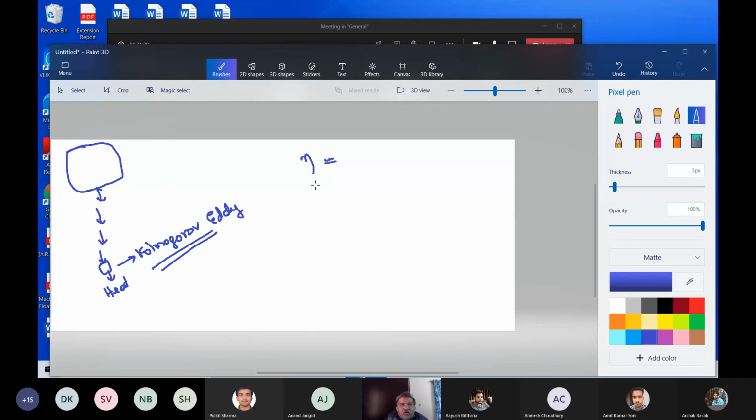The main factors that a small eddy is influenced by are: one, the dissipation rate, and two, the viscosity, and that's all.